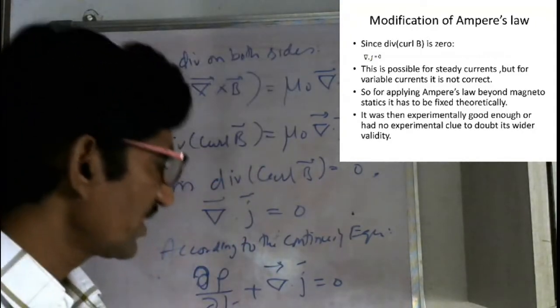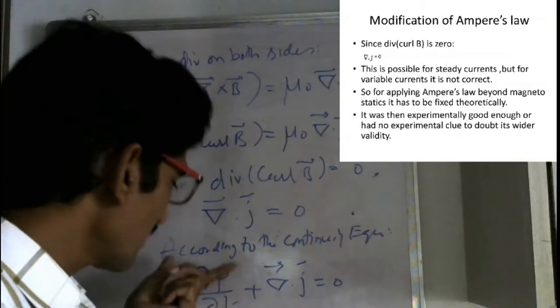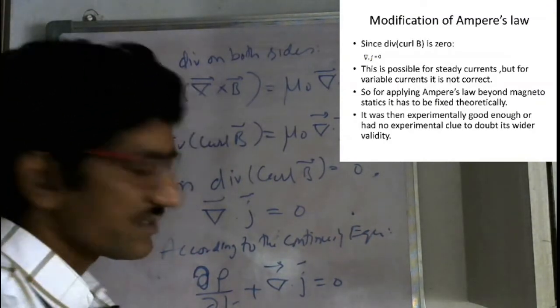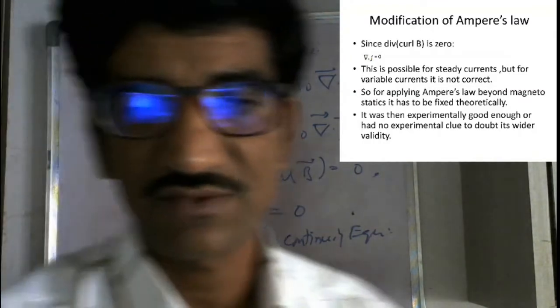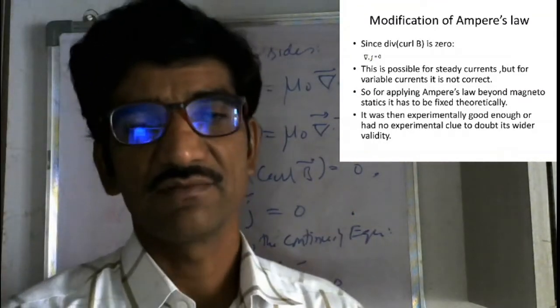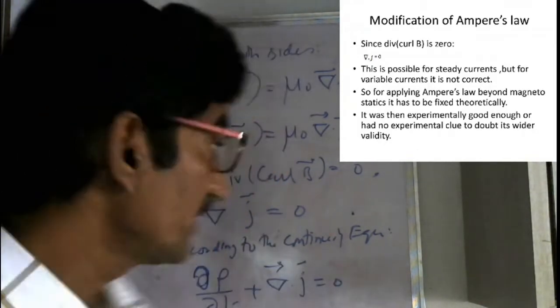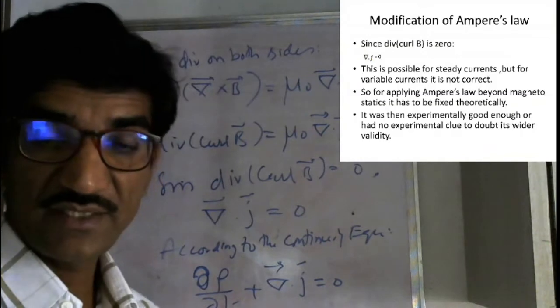From this continuity equation, here you are not having del dot j equal to 0, but del dot j plus something is equal to 0. So this is not in conformity with the continuity equation as well. So we have to make it conformable to the equation of continuity as well.